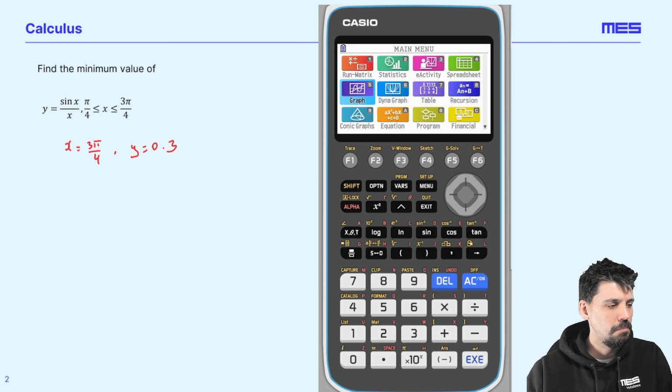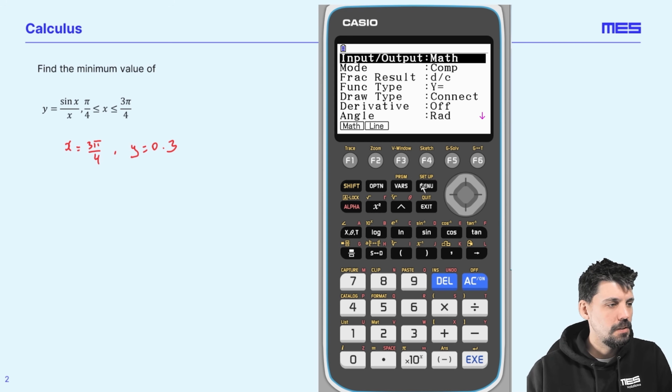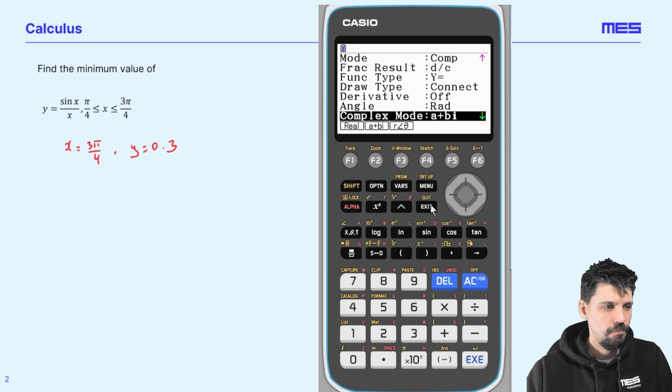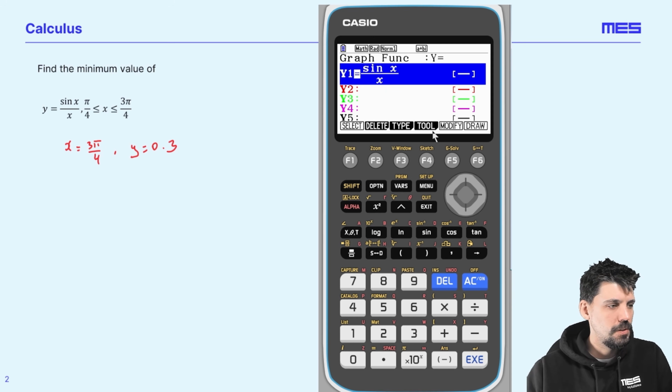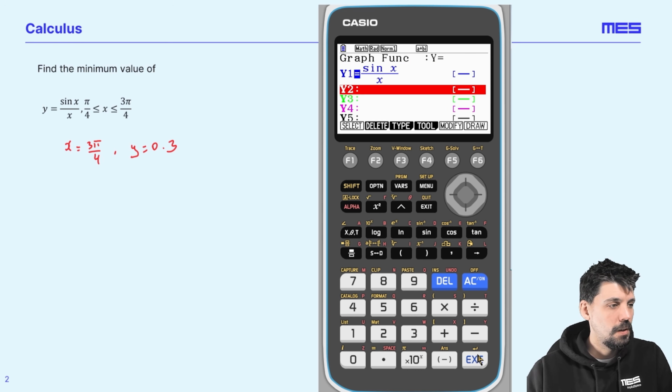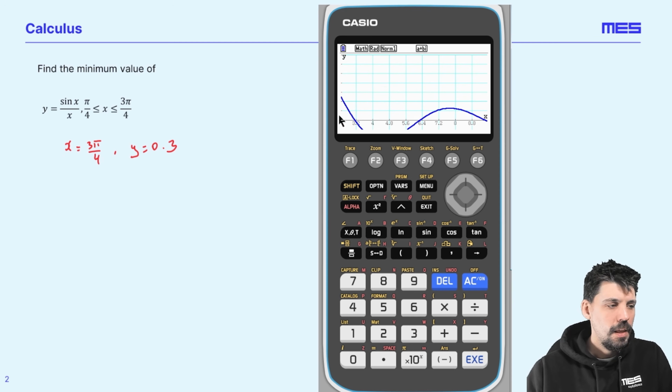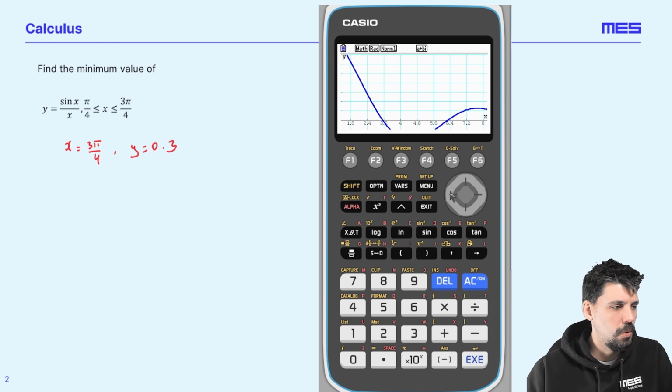No, not the time. Okay. I thought we could shift setup and make sure and change everything in here. All right. So as you would expect, graphing mode. Go. Let's give this a little graph. And there we go. Now, we'll have a look at this a little bit more in depth.